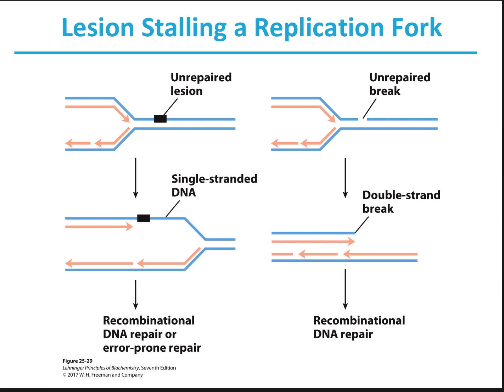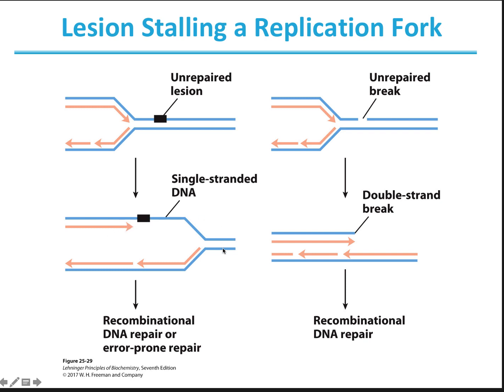So if the replication fork encounters an unrepaired lesion or strand break, replication generally halts and this fork may collapse. What happens then is that a lesion is left behind in the unreplicated single-stranded segment of the DNA.